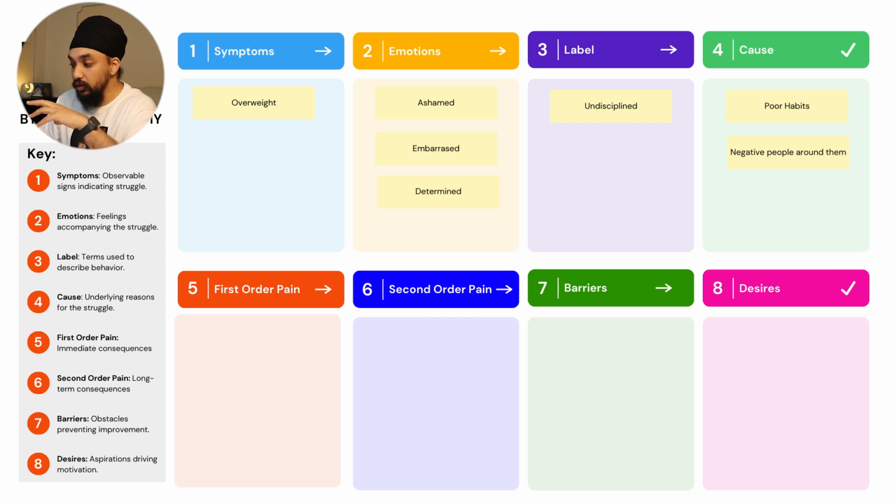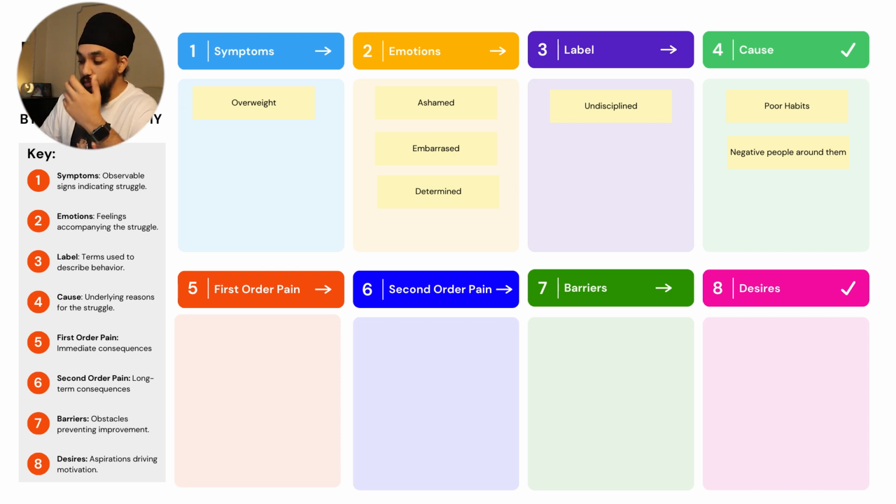Now, once you understand the cause of whatever it is that they're experiencing, we can then start to look at what their first order pain is. Now, the first order pain is really, really important, and the difference between first order pain and second order pain is that first order pain is just immediate, top level concerns, top level struggles, like, okay, I don't feel good about this.